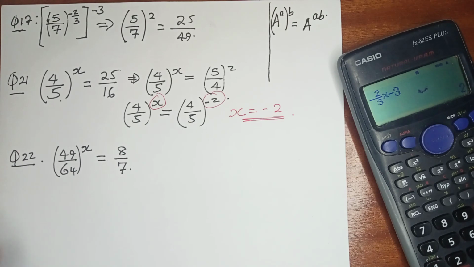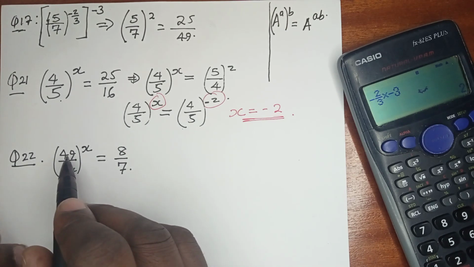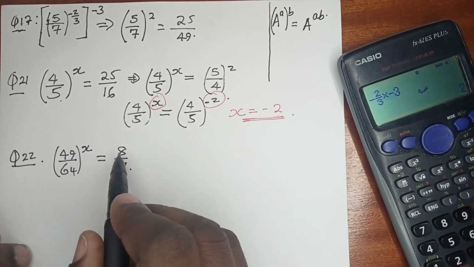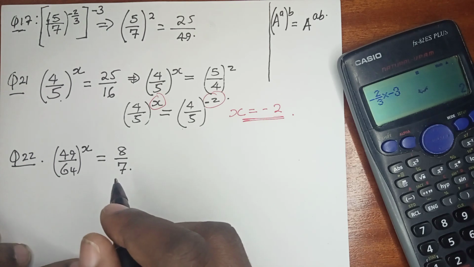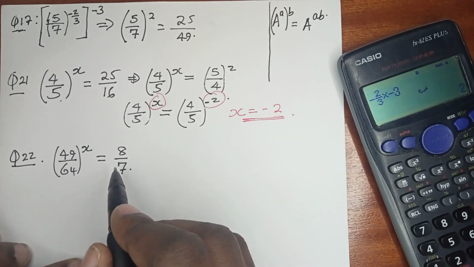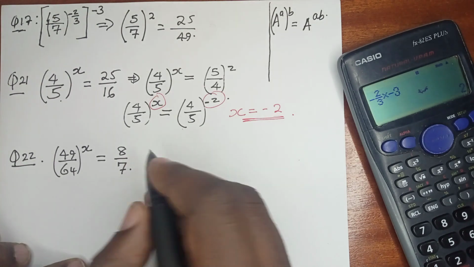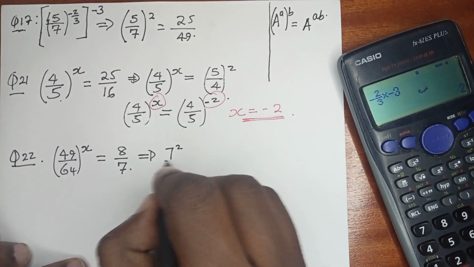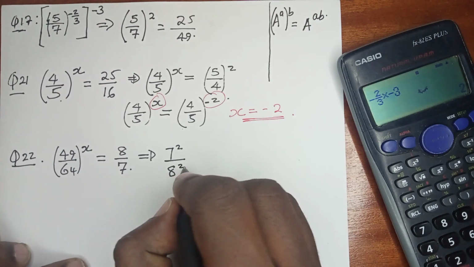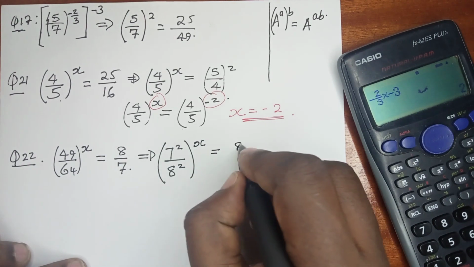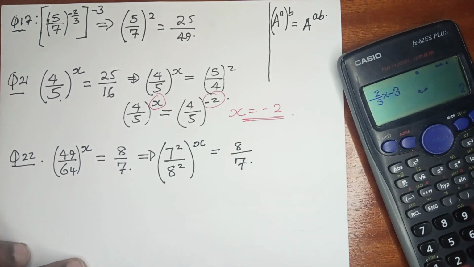And it's just like number 21, because you realize that 49 is more related to 7 and 64 is more related to 8. But that means we can write 49 into base 7 and we can write 64 into base 8 as follows. We have 7 squared all over 8 squared, and the whole thing now raised to power x is equals to 8 over 7.